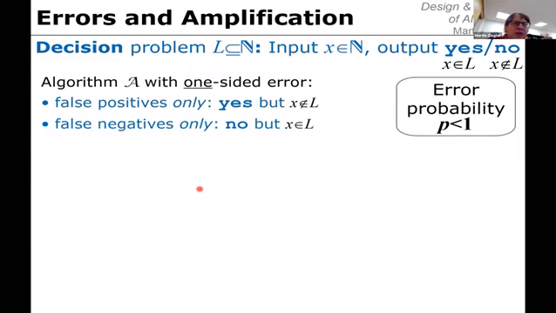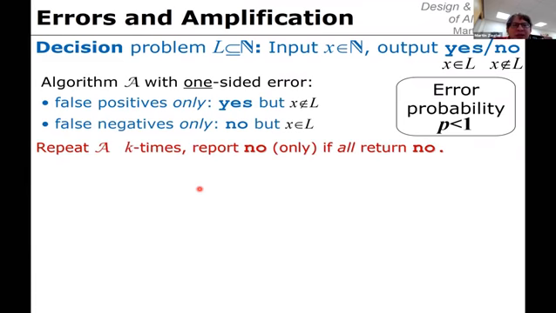Let's take this algorithm with only false negatives and repeat it, let's say, k times, where each new execution, remember, could give a different outcome, because in each execution the algorithm will flip a new set of coins whose outcome could be different from the previous execution. And most importantly, we suppose that the next execution will be stochastically independent from the previous one. That will be important in our analysis.